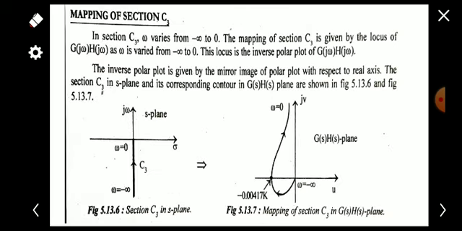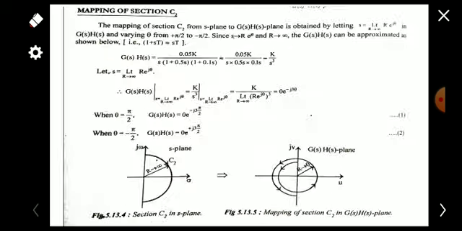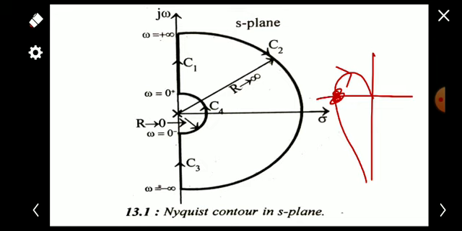And next one is the mapping of section C3. We know that the mapping of section C3 is entirely opposite to C1. C1 is from 0 to infinity, C3 is from minus infinity to 0. So we can draw the entirely opposite graph of C1. The corresponding contour in G of S into H of S plane for section C1 is like this. So the contour for section C3 will be entirely opposite of this graph.